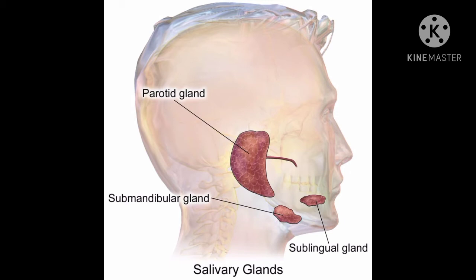And now the fourth pair of salivary glands are called seromucous tubarial gland, made up of both serous and mucous cells, so it is called seromucous gland.